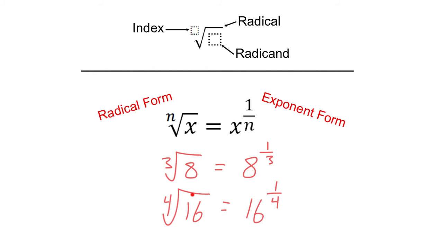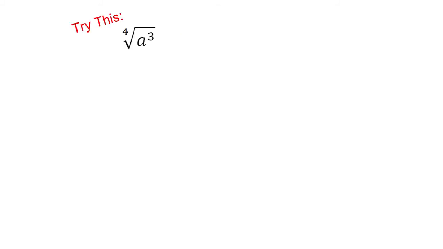But you can type this into your calculator if you know that you can write it as a rational exponent. So I can type 16 to the exponent 1 over 4 in my calculator. I might not be able to type the fourth root of 16 in my calculator. So this is good to know so that you can actually do calculations without taking too much effort. Now what about this?